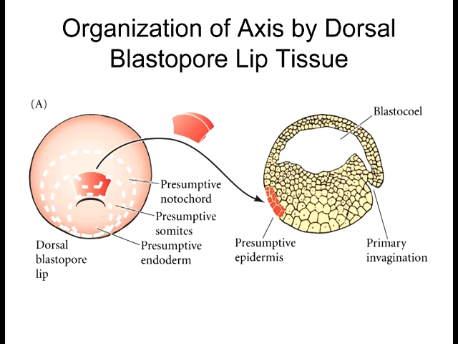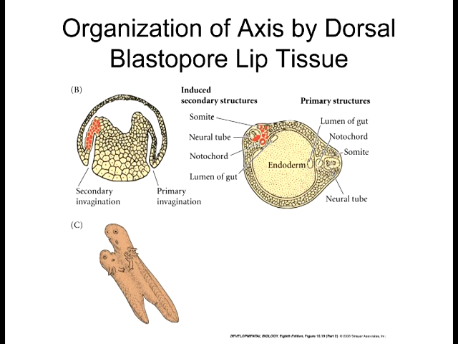However, at this point, these cells have been exposed and undergone paracrine signaling. You move it to another part, and now it becomes a second neural plate and forms another neural tube. In fact, an extreme case of this, if they take the actual organizer area itself and transplant it to another area, guess what happens? You form two whole embryos.